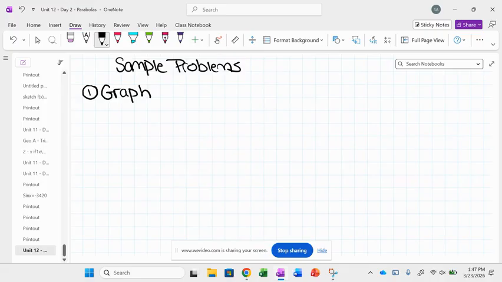All right, so I want us to graph, should I do a normal one first and then a sideways one? Yes. Okay. Y equals 1/8 times the quantity of x minus 1 squared plus 4.